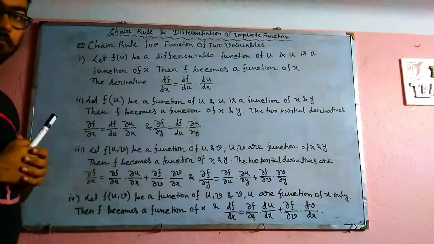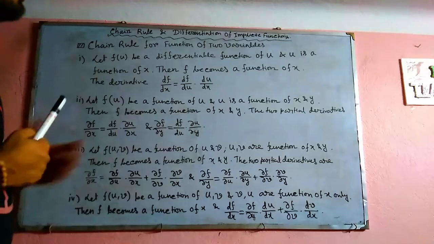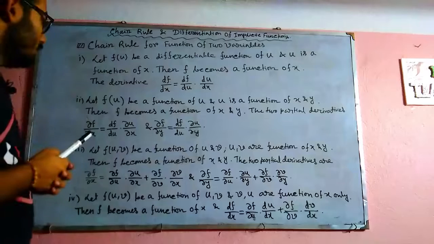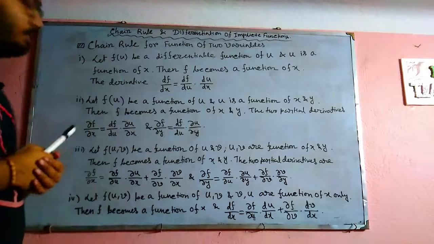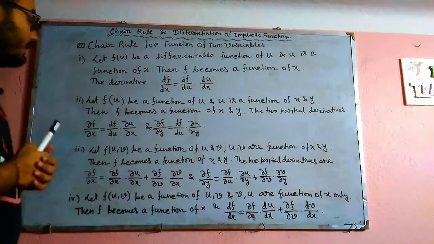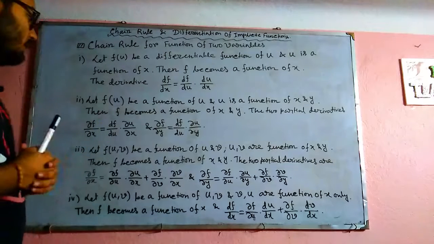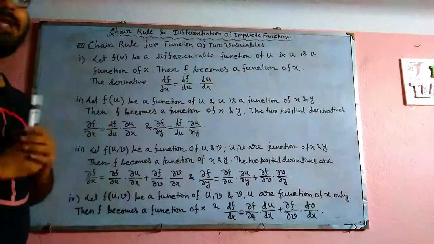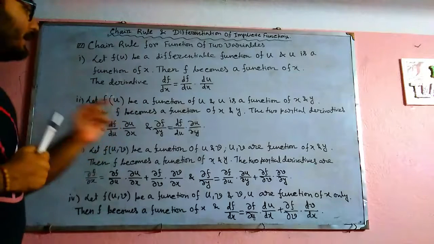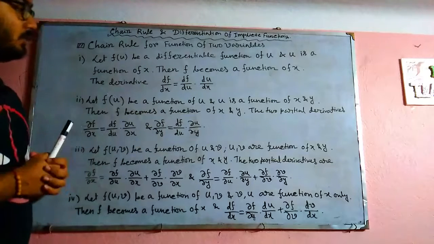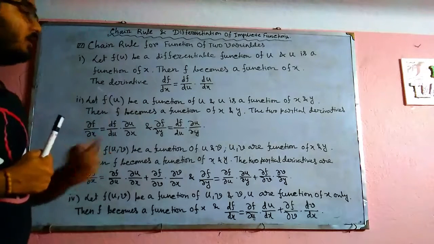Then the two partial derivatives of f with respect to x and y: del f/del x is equal to df/du into del u/del x, and del f/del y is equal to df/du into del u/del y.